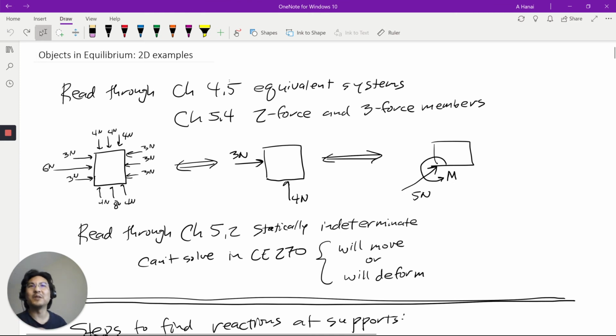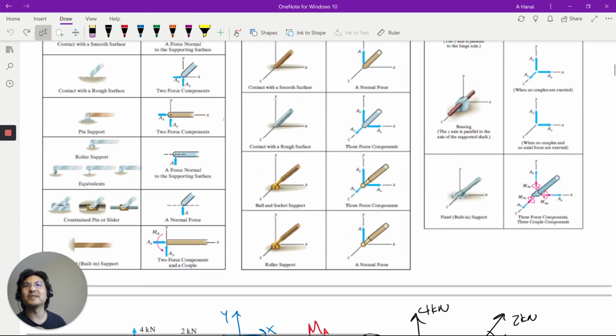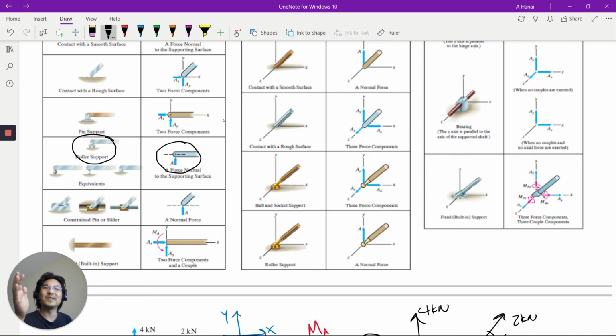See this roller? So it can only provide one reaction normal to the surface, right? It can't provide any force parallel to the surface, because then it's just going to roll. And then it's kind of pinned as well, so it can't provide any couple.